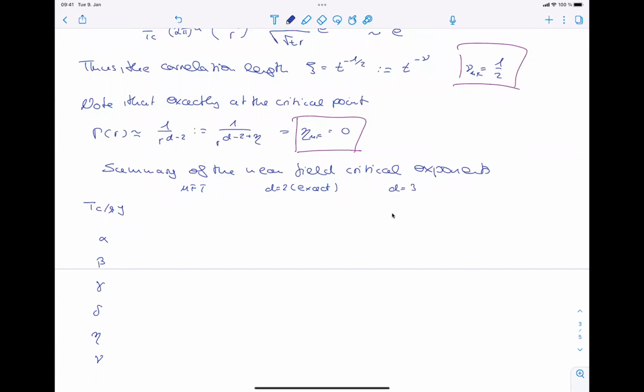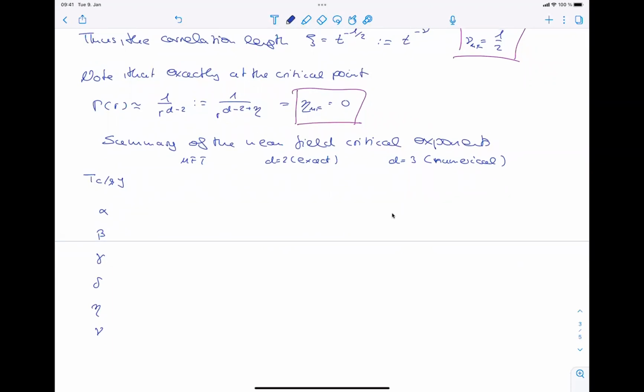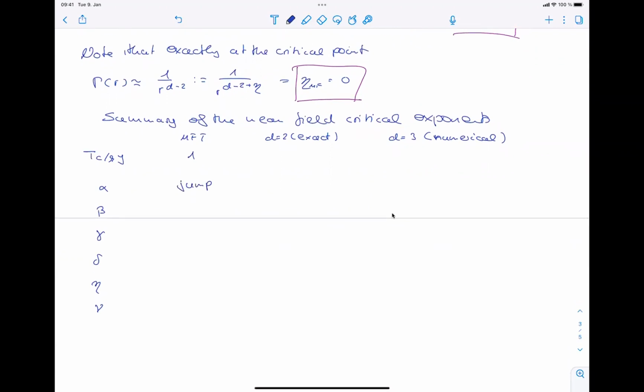And d equal 3, in 3 dimensions, we look at numerical results of these exponents. So this is 1. Here we saw a jump in the specific heat. This was a half, 1, 3, 0, and a half.